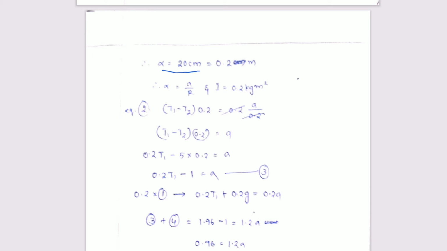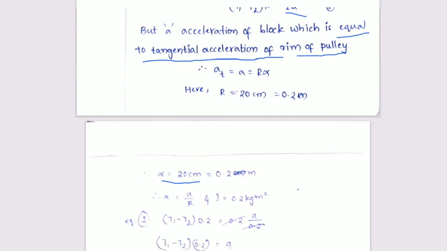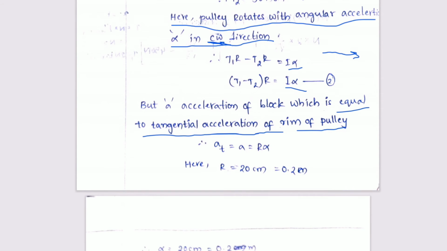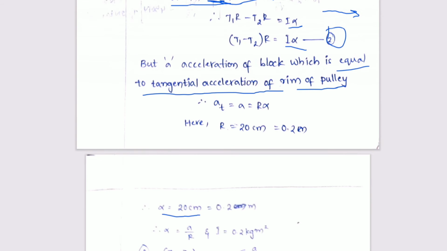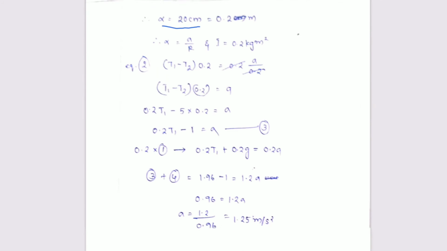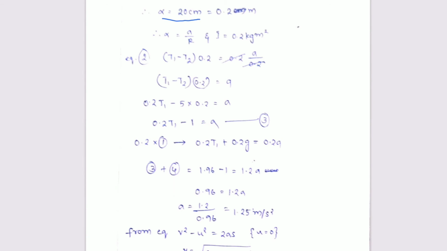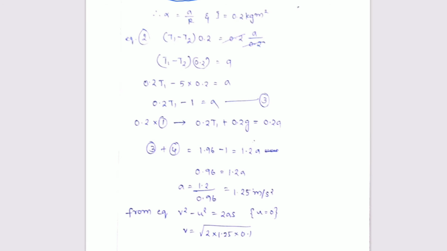kg meter square. According to the second equation, T1 minus T2 into R equal to I alpha, we need to apply that here. Substituting, (T1 minus T2) into 0.2 equal to 0.2 into a by 0.2, so 0.2 cancels.